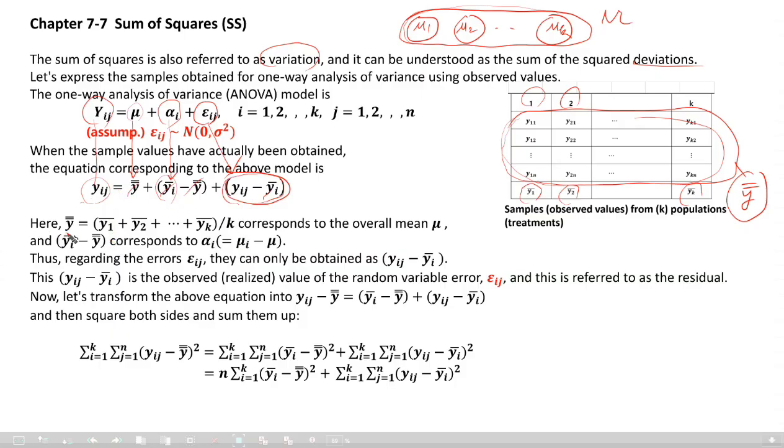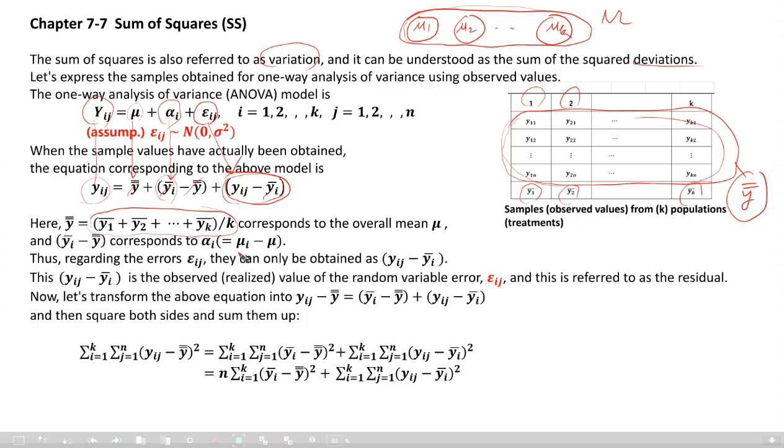Here, y double bar is y1 bar plus y2 bar plus yk bar divided by k. That is the total sample mean. I said the sample sizes are equal, so we can calculate like this. It corresponds to the overall mean, grand mean mu, and yi bar minus y double bar corresponds to alpha i.